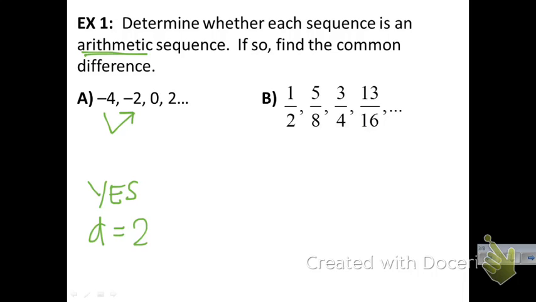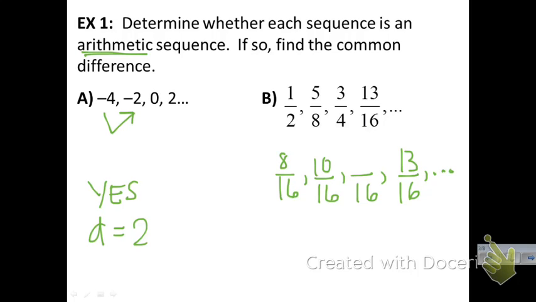Okay, so with b, we're looking at the same thing. What I would suggest when you have fractions is to get a common denominator. So we can see that the common denominator here is 16 for each of these. The last one's already 16. And so we rewrite 1/2 as 8/16, 5/8 as 10/16, and 3/4 as 12/16.